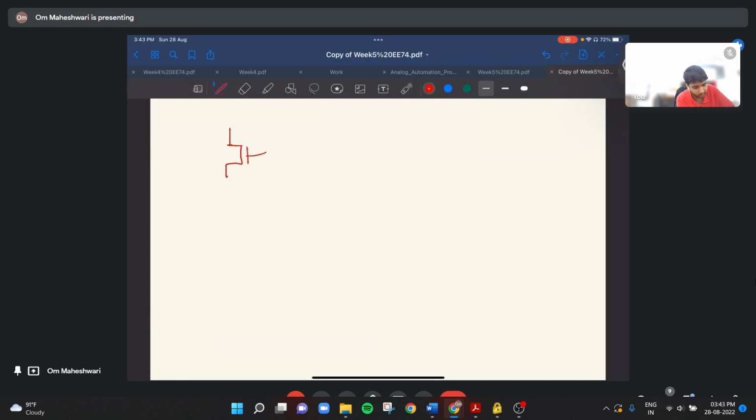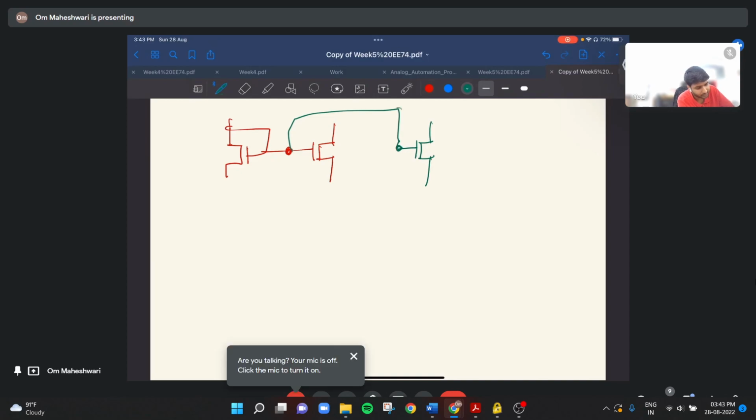Let us say this is my current mirror. Then if I take the same node voltage and connect another NMOS, what this essentially means, so if I connect, let's say, 10 more NMOS. I cannot connect like this.